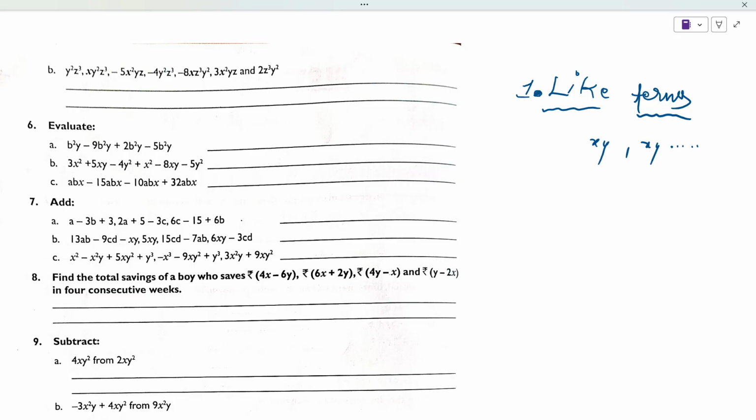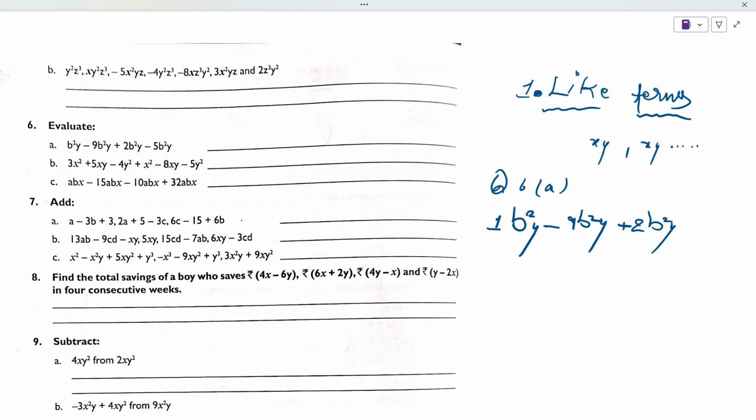Likewise, in our question, we see b square y. Only this first term has coefficient 1. Then we have minus 9b square y, then plus 2b square y.